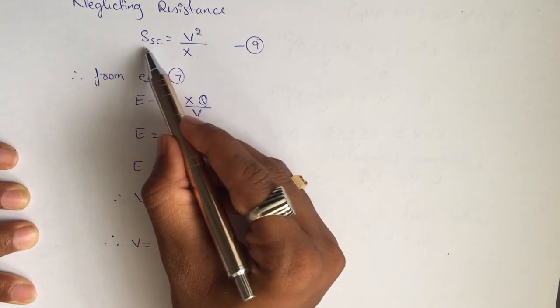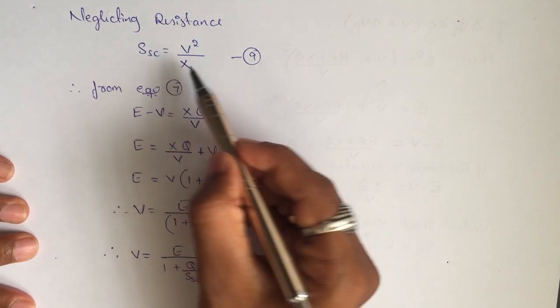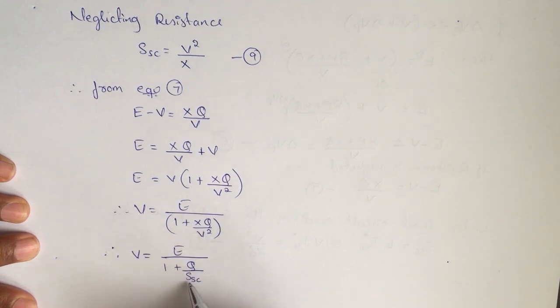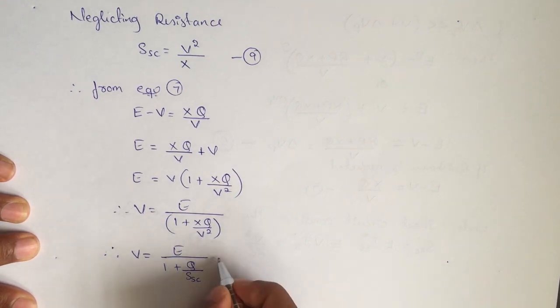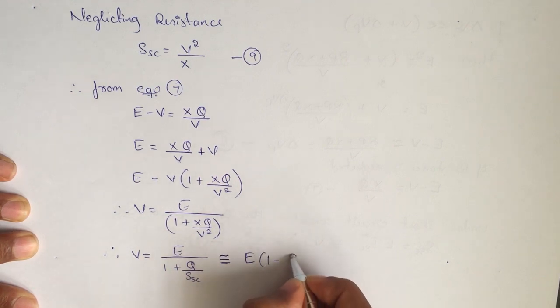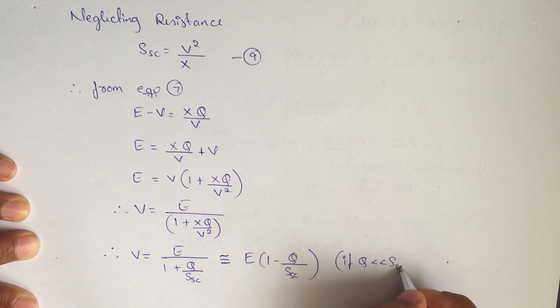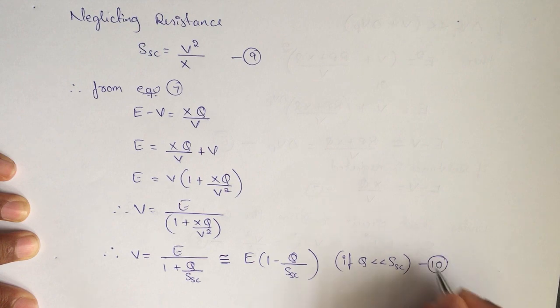Here we can see SSC, short circuit power, is equal to V square by X. Here it is X by V square, which is nothing but 1 divided by SSC, which can be approximately equated as E into 1 minus Q divided by SSC, only if Q is very much smaller than SSC, marking it as equation number 10.